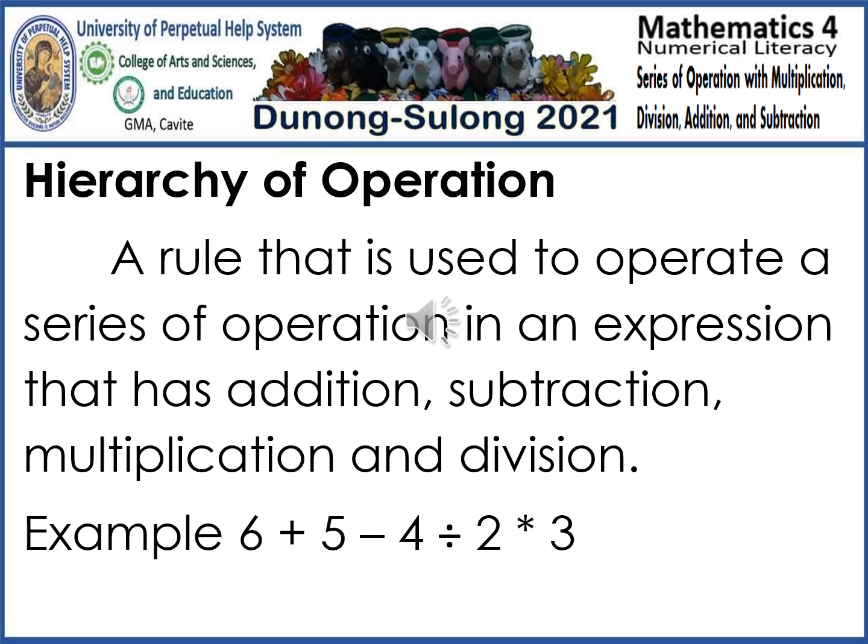Hierarchy of operations is a rule that is used to operate a series of operations in an expression that has addition, subtraction, multiplication, and division. Example: 6 plus 5 minus 4 divided by 2 multiplied by 3.